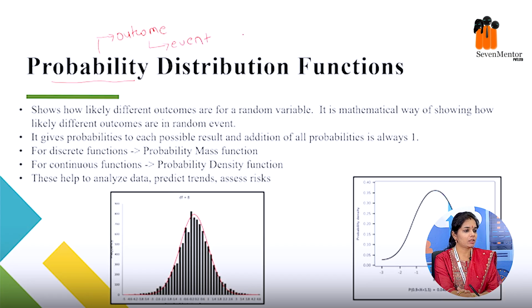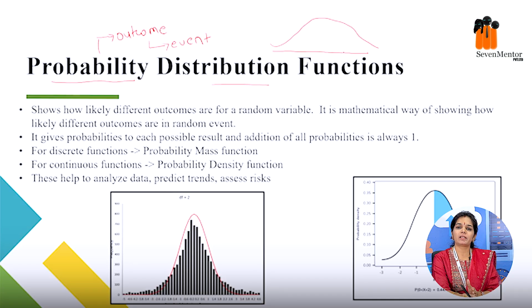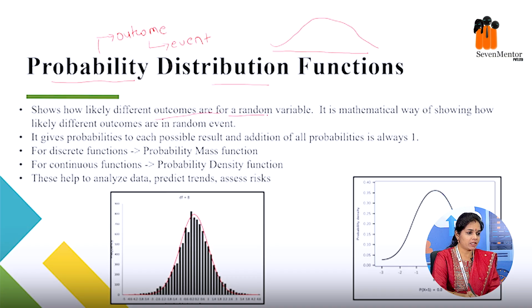So we have its distribution, how our data set will look. We have some functions related to it so that we can analyze the data set or the event. It shows different outcomes for a random variable. It is a mathematical way of showing how different outcomes occur in a random event.